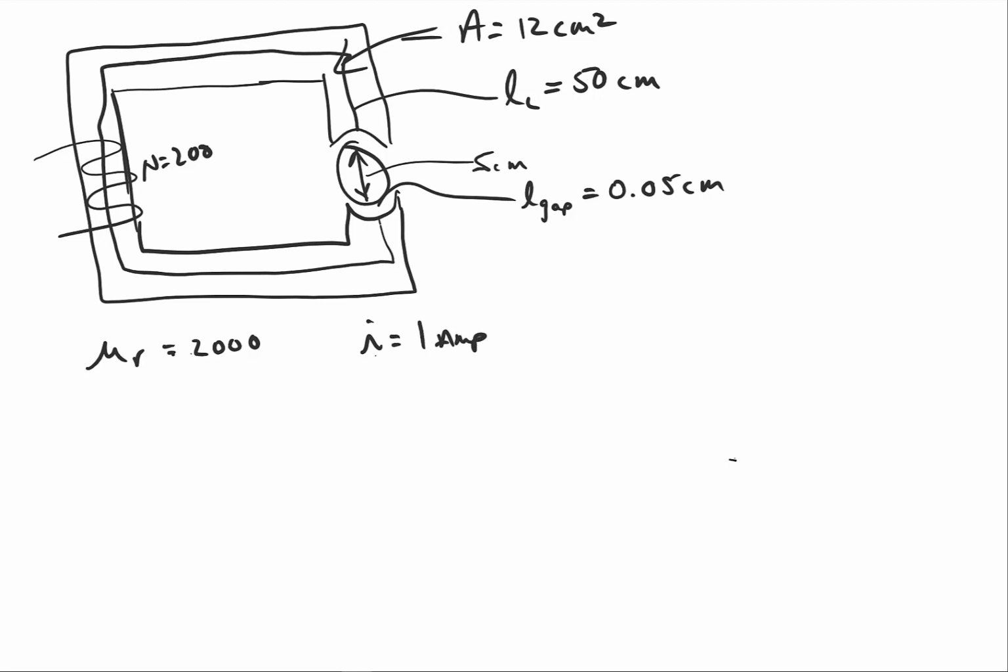We want to find the flux density in the air gaps. We're given that the cross-sectional area of the air gaps is 14 centimeters squared each, and that includes fringing.